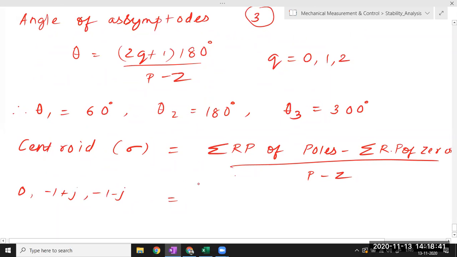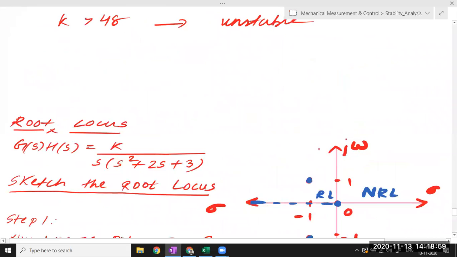So what is the real part of each pole? 0, minus 1, minus 1. Adding them, 0 minus 1 minus 1 is minus 2. There are no zeros, so this is minus 2 divided by p minus z, which is 3. So this is coming out to be minus 0.67. So where are we having our centroid? This is very important. We are having our centroid at this point.